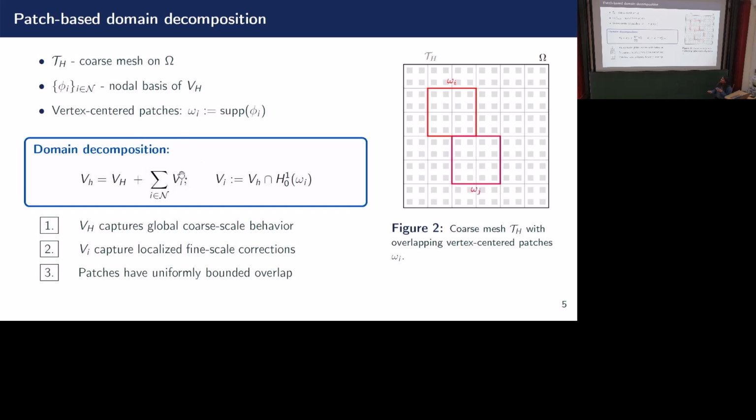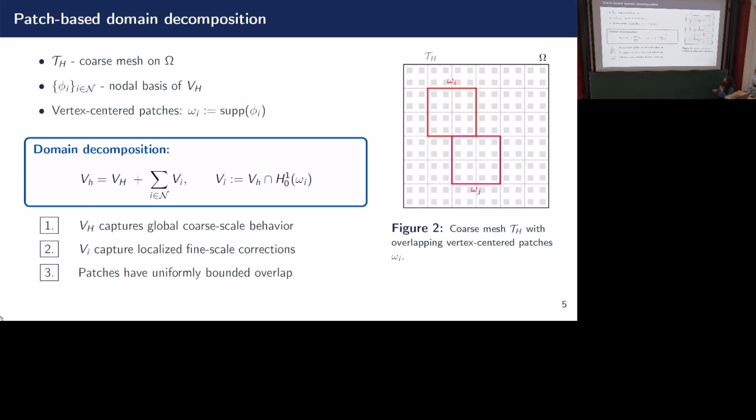These subspaces correspond to a coarse vertex in our domain. And then for a given coarse vertex, we define our subdomains or patches as the support of the corresponding basis function of this vertex.